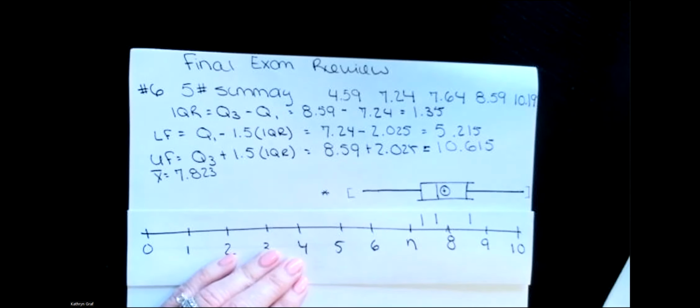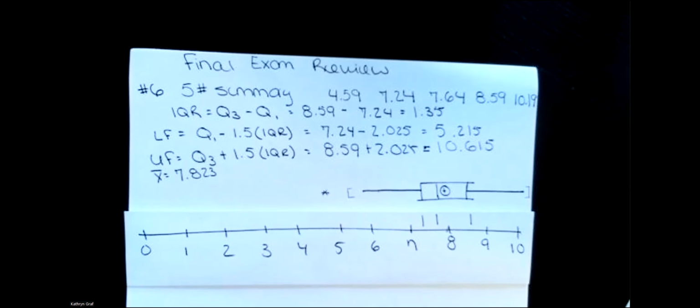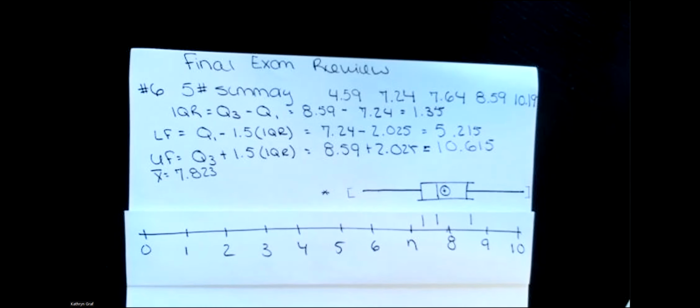So not the greatest box plot, but we get the idea. I apologize for that. So anyway, I have my fences that I calculated, my mean, and I have my outlier showing, which I thought, right, because we saw that on Minitab. All right, so let's see, I'm just going to read through this.